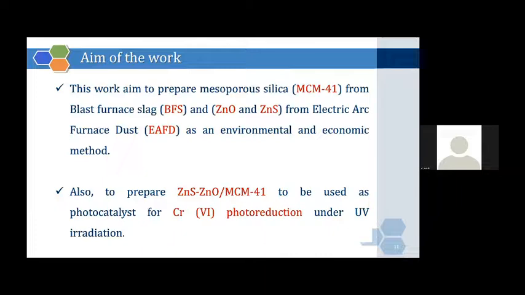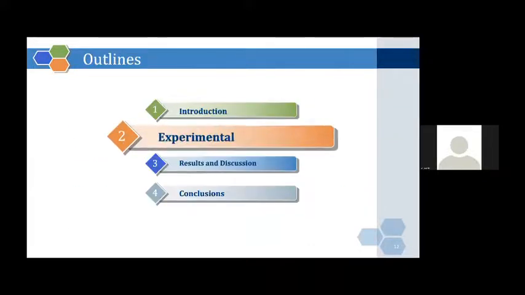So, the aim of this work is to prepare mesoporous silica MCM-41 from blast furnace slag, and we will prepare zinc oxide and zinc sulfide from electric arc furnace dust as an environmental and economic method. Also, to prepare zinc sulfide, zinc oxide supported on MCM-41 to be used as a photocatalyst for hexavalent chromium photoreduction under UV irradiation.